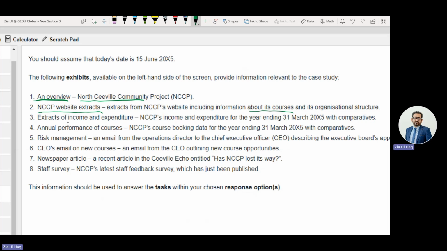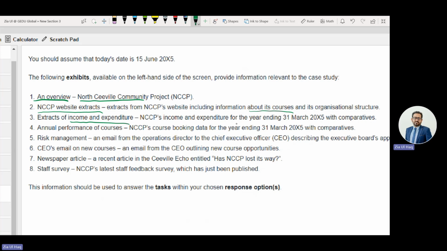Exhibit 3 is an extract of income and expenditure. Income and expenditure account, not profit and loss, not income statement. Who prepares an income and expenditure account? A not-for-profit organization. Profit-making organizations prepare profit and loss or income statement. This means this is a not-for-profit organization.